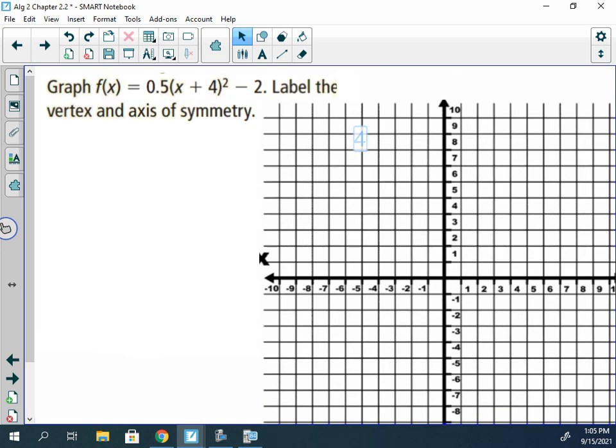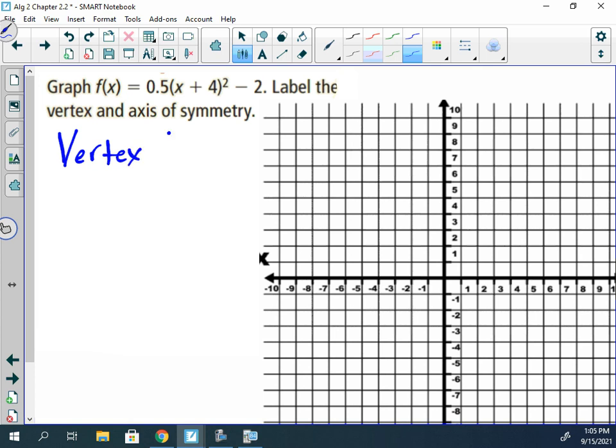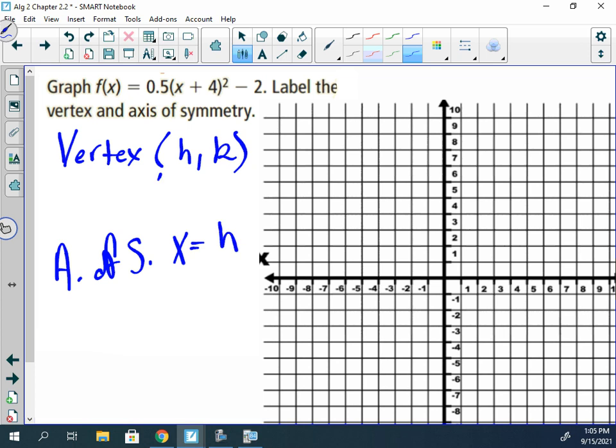Okay, let's look at the next one. Vertex, comma K. Axis of symmetry. So looking at this equation here, what would the vertex be?